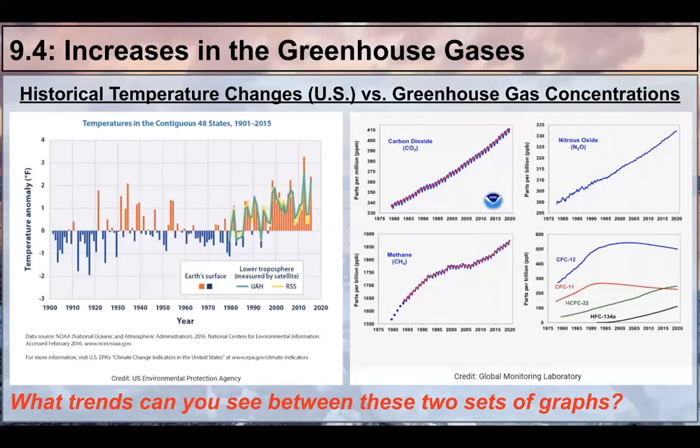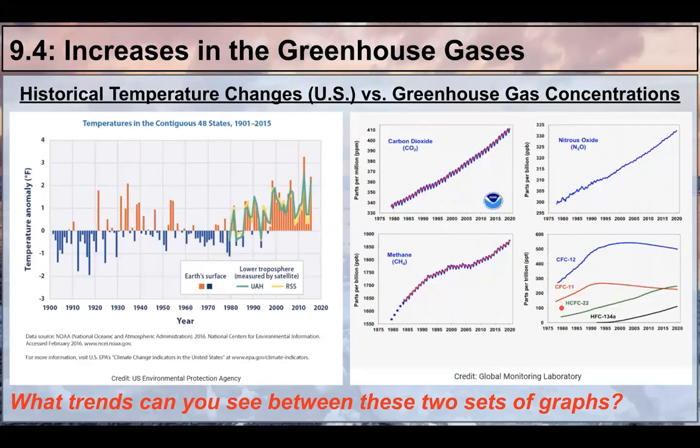So in this set of graphs, which is going to be most of what we are doing in this section, we can see the changes in concentration of carbon dioxide, methane, nitrous oxide, as well as the fluorocarbons. So we can see a steadily increasing trend for both carbon dioxide and methane, nitrous oxide as well.